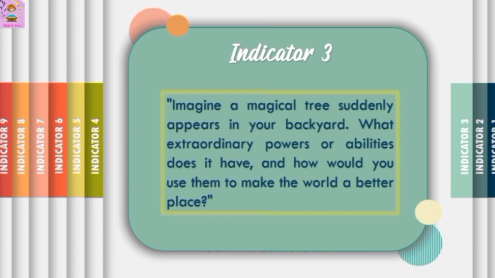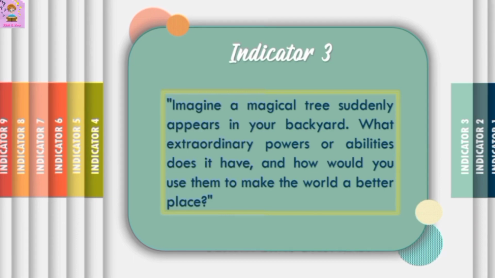This is an example of an activity that develops the creative thinking skills of the learners because it asks them to use their imagination to invent special powers for a magical tree in their backyard and think about how these powers could be used to make the world a better place. It encourages them to come up with creative and original ideas. Maybe the learners may say, "It can grant wishes, so I'd use it to fulfill the dreams of underprivileged children and bring them joy."